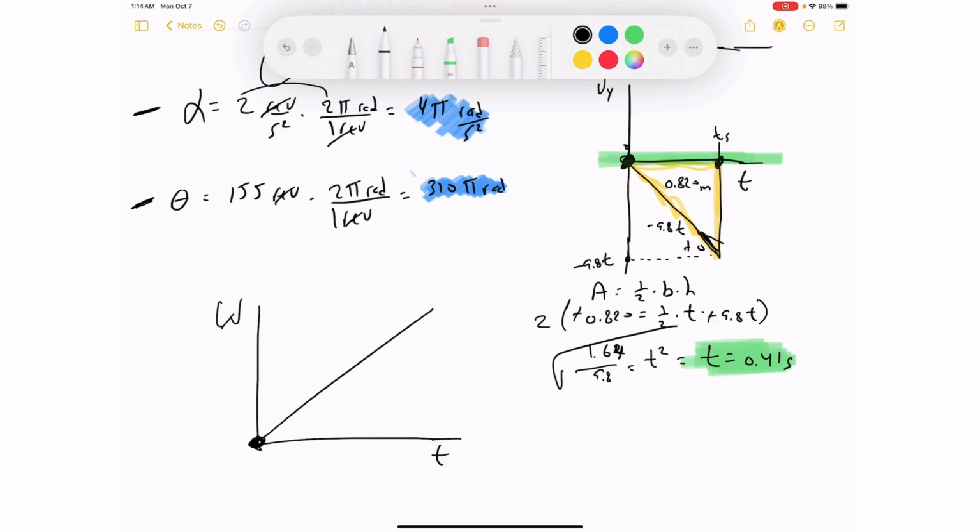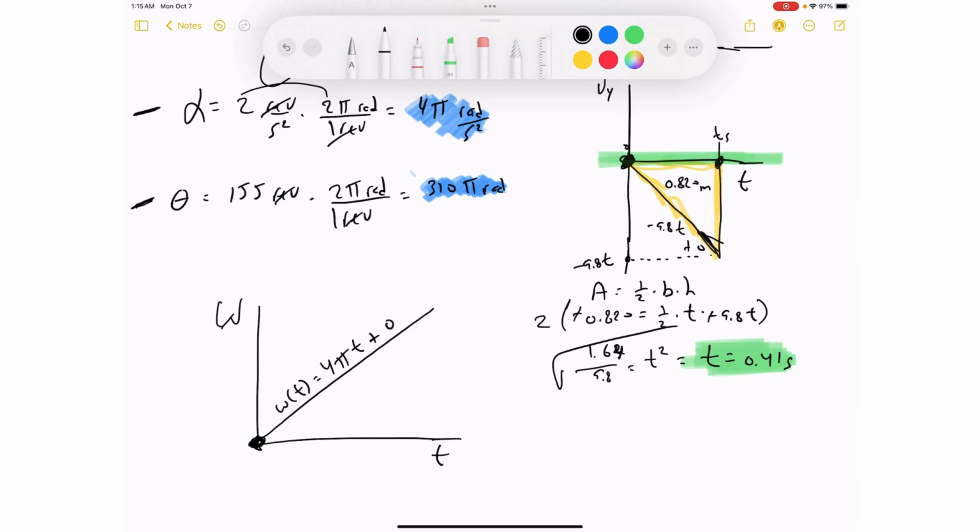So I can make a line here, and then I can say omega as a function of t, meaning the angular velocity as a function of time, is 4 pi times t. 4 pi is actually the slope, but if I want to find out what it is over time, I need to add the t. And of course you could add a 0 because that's the y-intercept, but we don't actually need it.